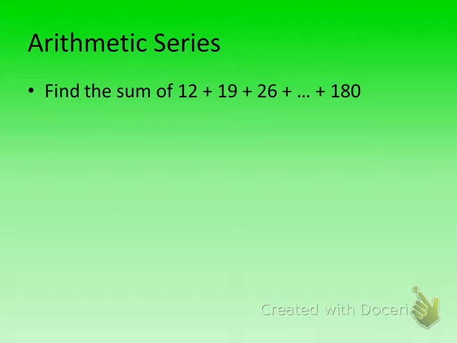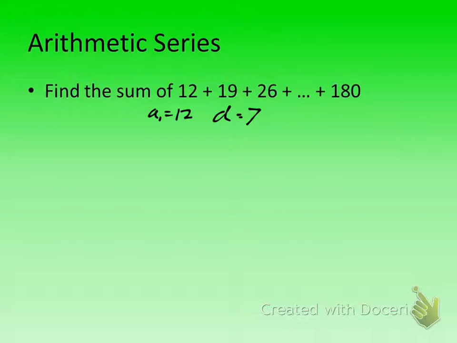What do you know? You know d. What's d? d is 7. So 12 to 19 plus 7, 19 to 26 plus 7. What else do you know? You know a sub 1, which is 12.